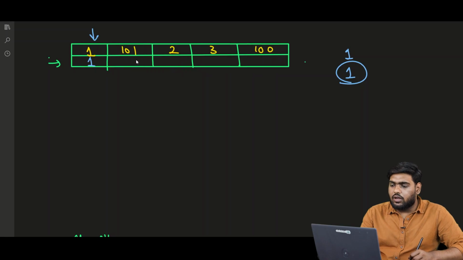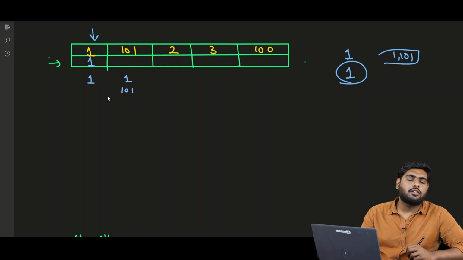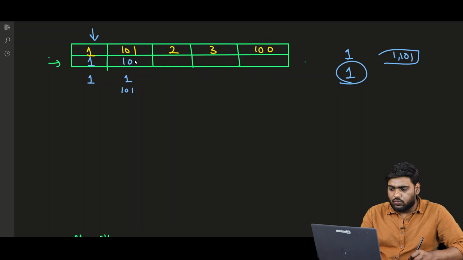Now let's see about 101. If we include 1 with 101, what are the subsequences possible? Well, 101 is possible, right? And if we take 1, 101, what will be the sum of it? The sum will be 102, correct?